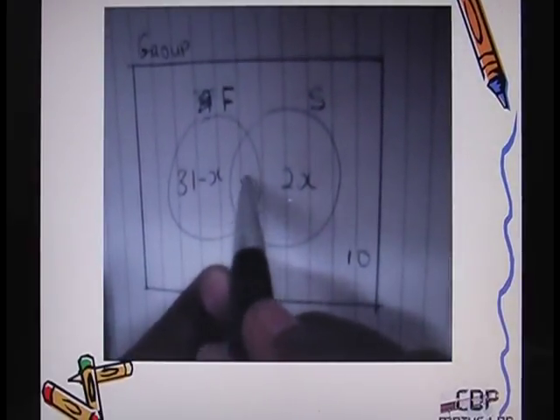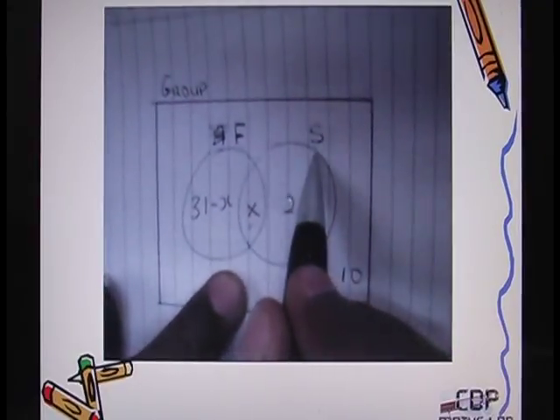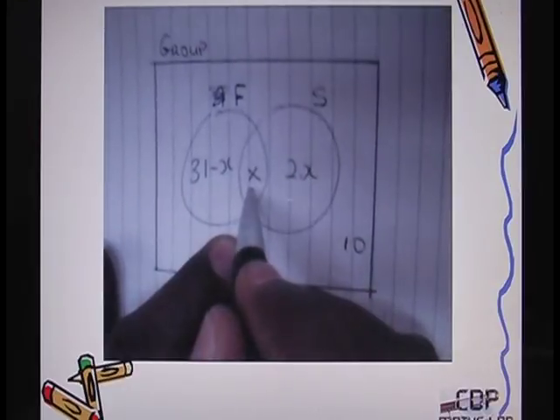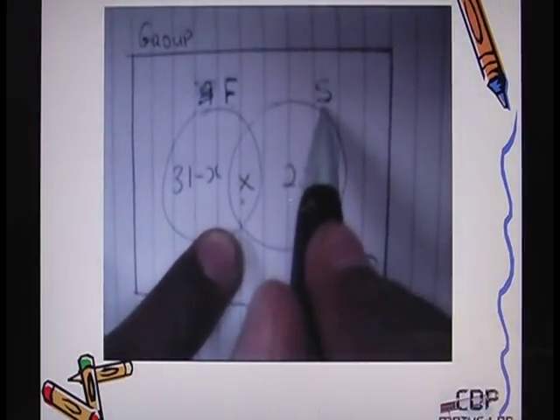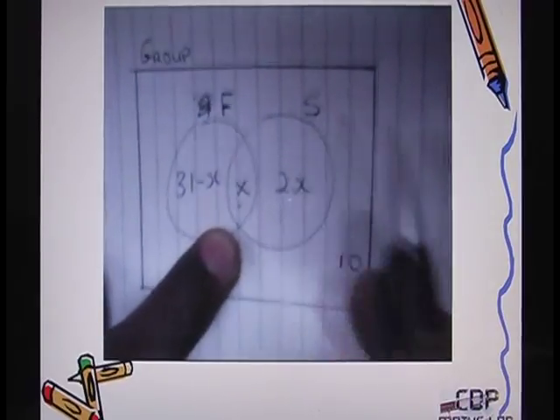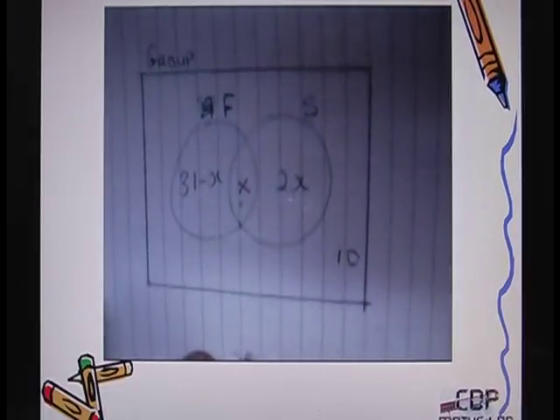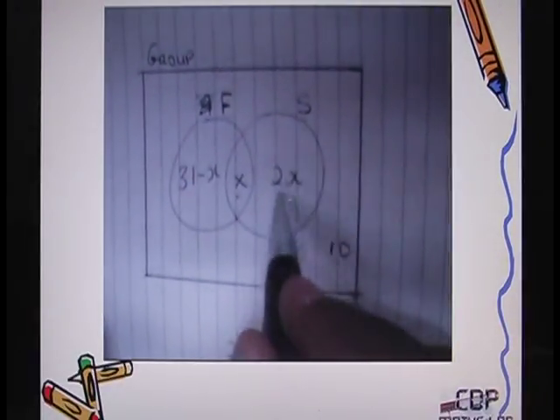Now, this X represents the number of students who pass Spanish and also pass what? French. So these students right here also make up the total number of students who pass what? Spanish. So to get Spanish, we'll have to add X as well to the number of students who pass Spanish only.